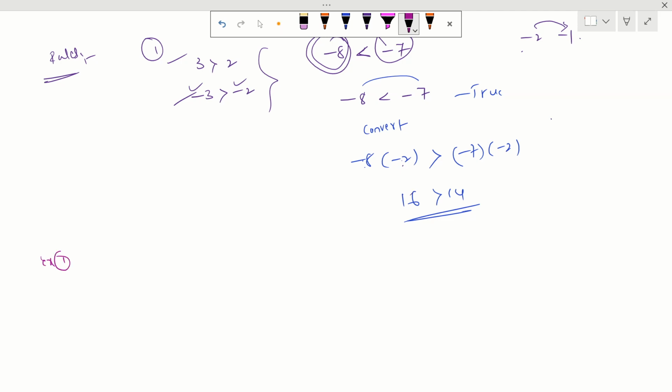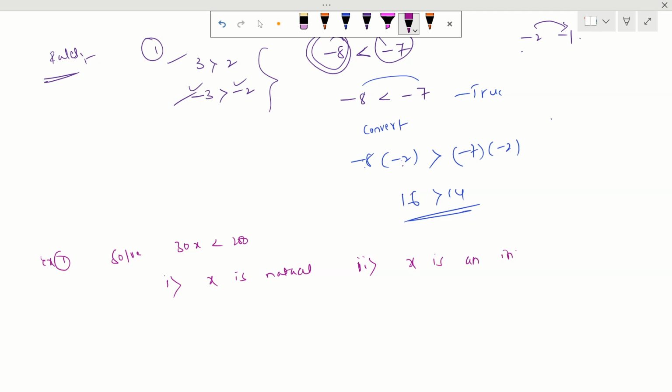Example number one. Solve 30x is less than 200. Here the first condition is that x is a natural number, and the second condition is that x is an integer, right?